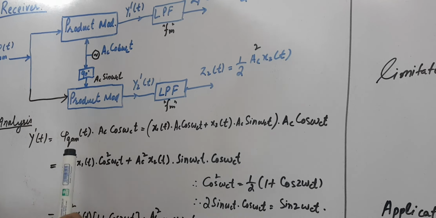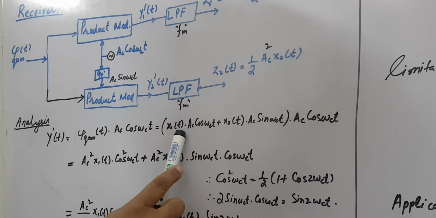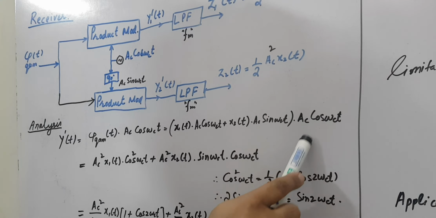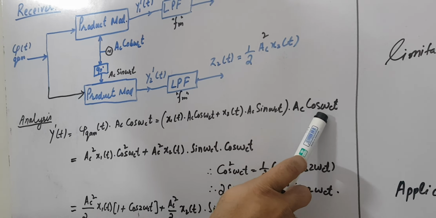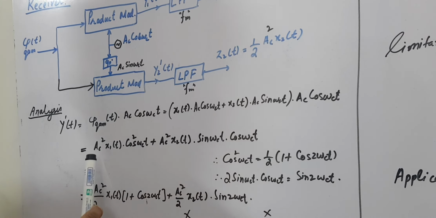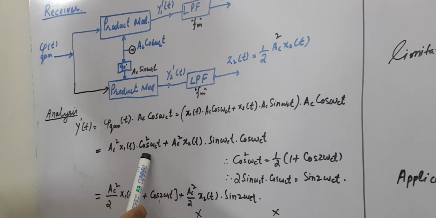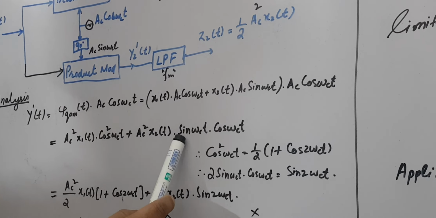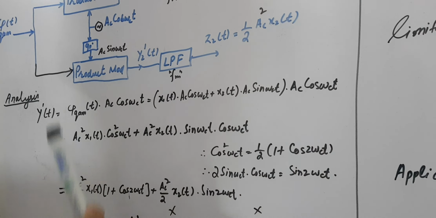So the QAM signal is x1(t) Ac cos omega ct plus x2(t) Ac sin omega ct, multiplied by Ac cos omega ct. If you multiply the outer with the inner, you end up with Ac square x1(t) cos square omega ct, plus Ac square x2(t) sin omega ct cos omega ct.